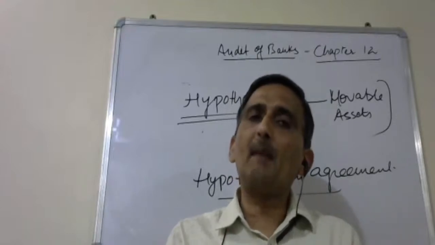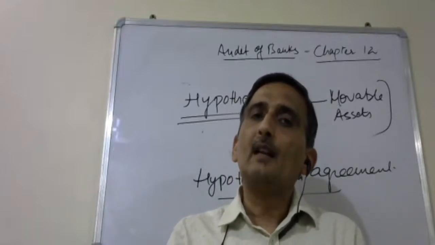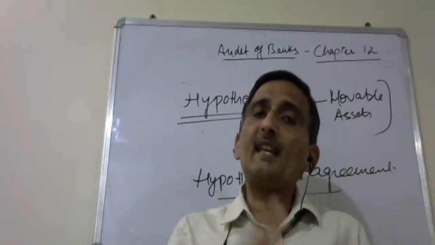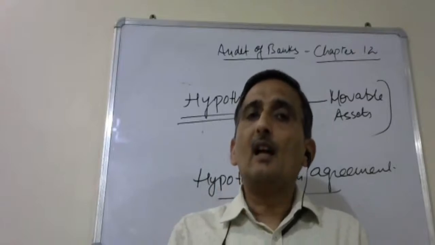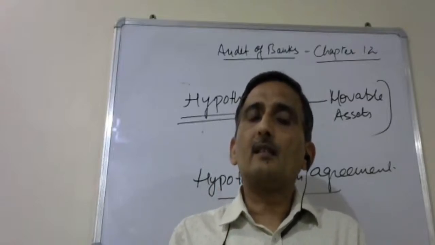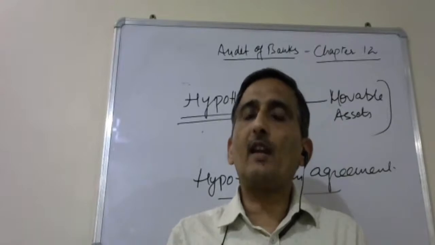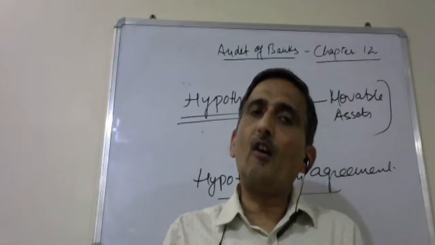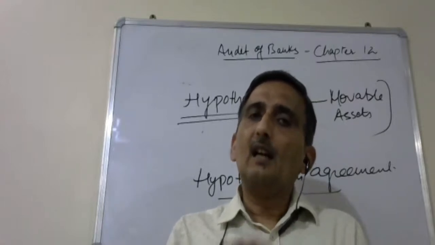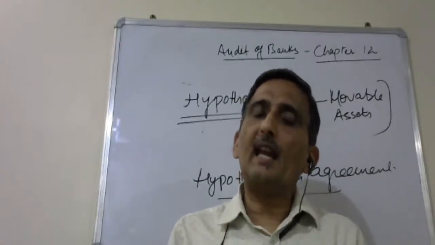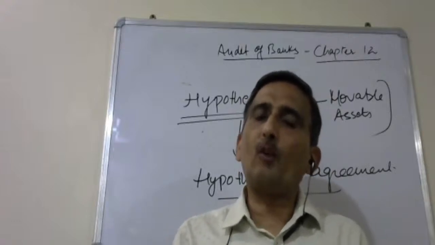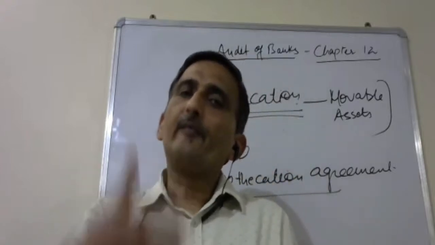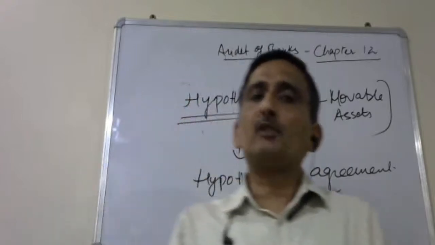The borrower may be able to sell those assets, but under certain procedures. They might be kept in a godown controlled by the bank. The bank has a system: the borrower has to give a report of all the ins and outs from that godown daily. So it is one step above hypothecation.